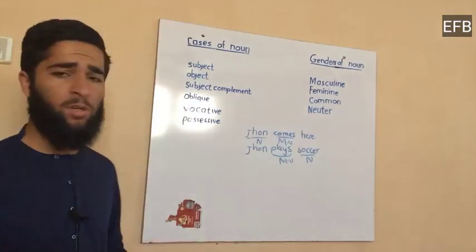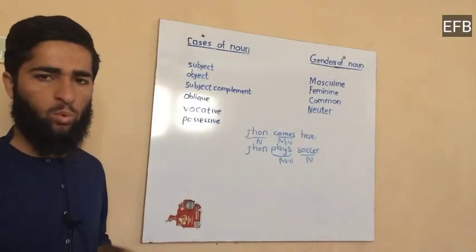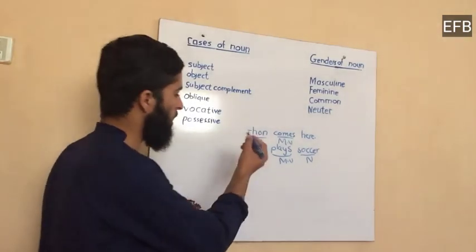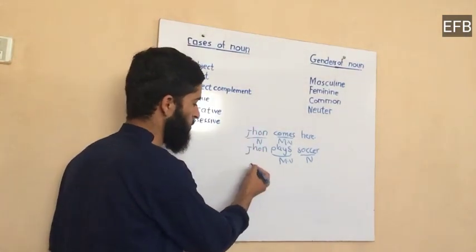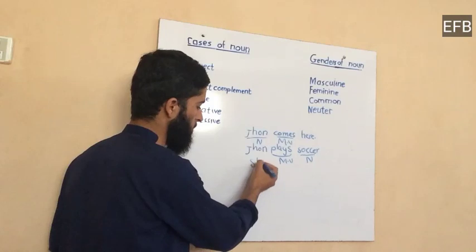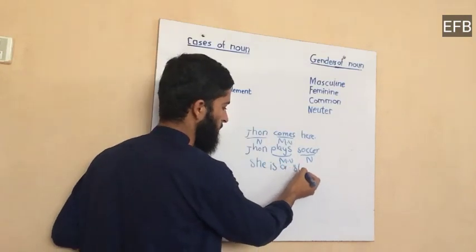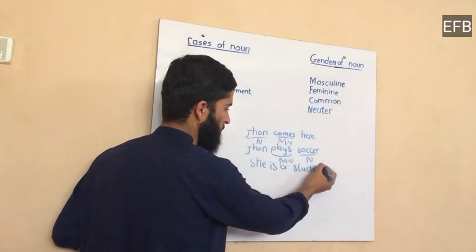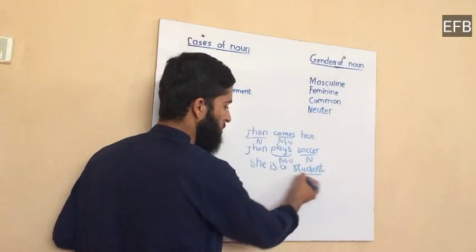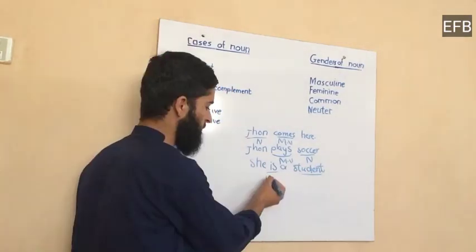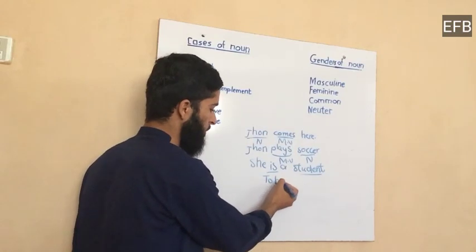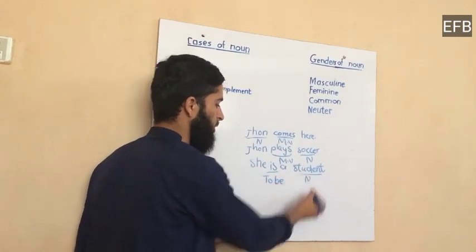In subject complement case everything is different. What I mean is the noun comes after a to be verb. For example, she is a student. You can see here is a to be verb and student is a noun again.